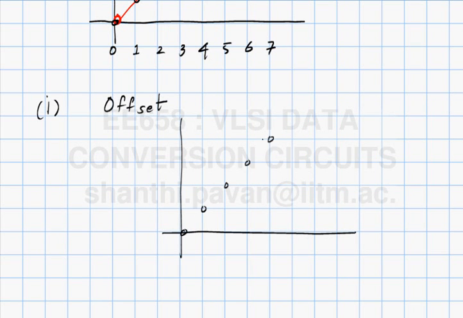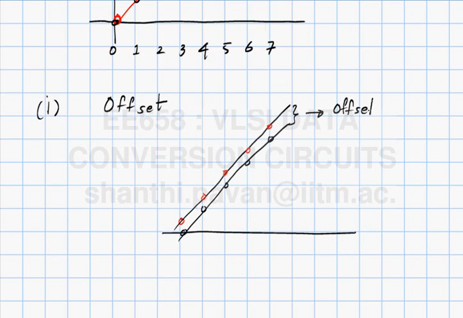This is the ideal stuff, okay. If all of them deviate from the ideal line by the same value, that is offset.